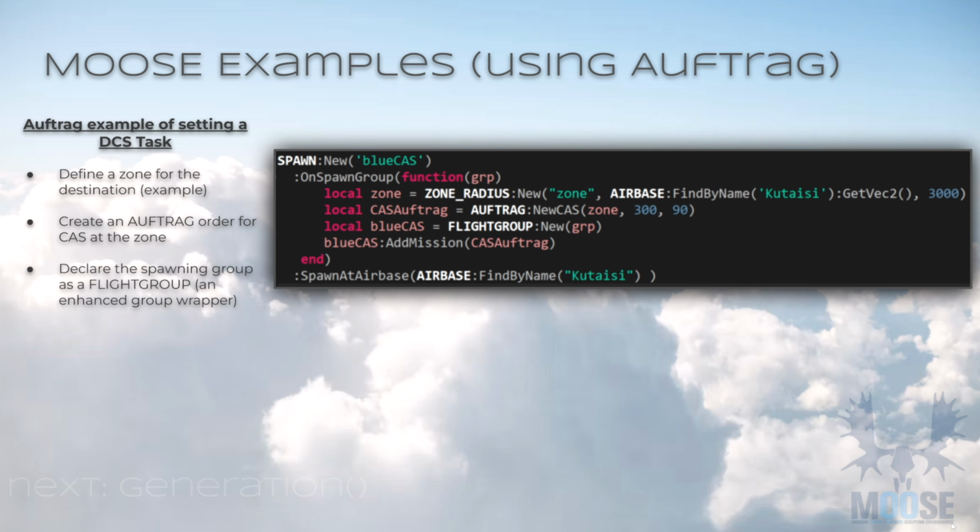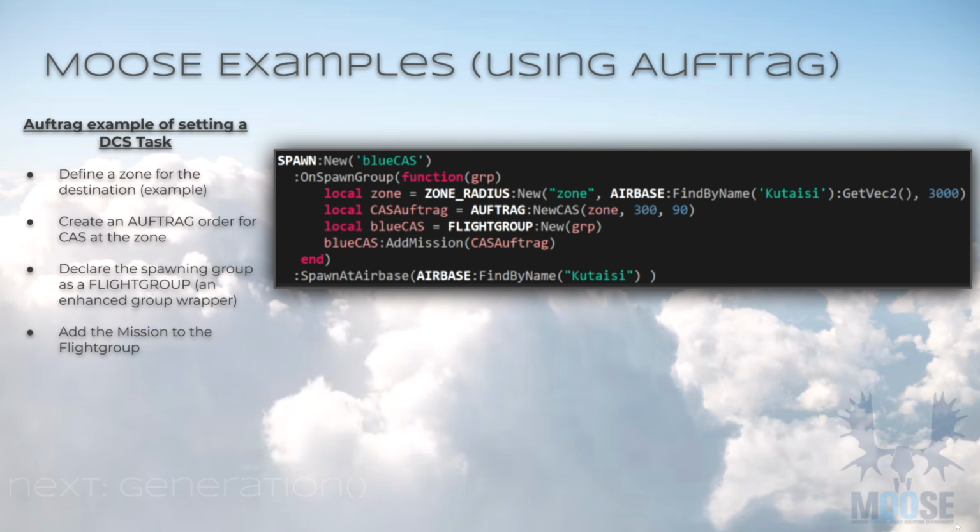So there's an interesting line here now where we make that group a flight group. Okay, so blue CAS equals flight group new group, and the group is the group that spawns. Our blue CAS that spawns is wrapped in that flight group. I'm going to talk about flight group more in depth later.